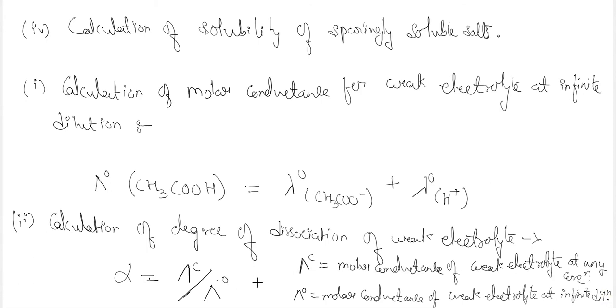Okay. Next is third, calculation of dissociation constant for weak electrolytes. It means here we are going to calculate the dissociation constant, that is K.